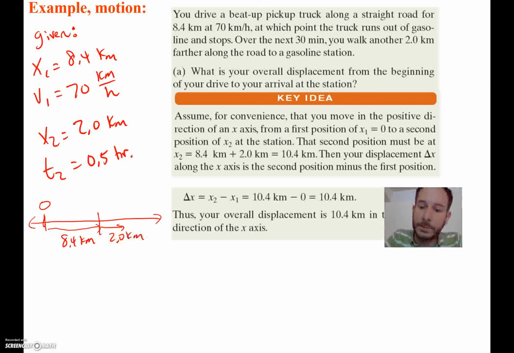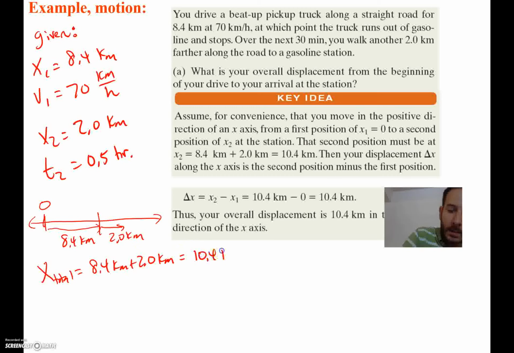Okay, so we drew it out. So the second position must be at 8.4 kilometers plus 2 kilometers, which is a total of 10.4 kilometers. So when we're adding displacements here, all we have to do, if we can say that our total displacement x is equal to 8.4 kilometers plus 2.0 kilometers, which of course is 10.4 kilometers.